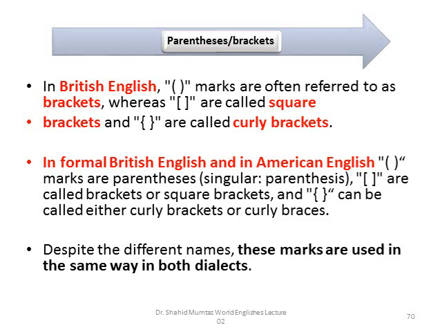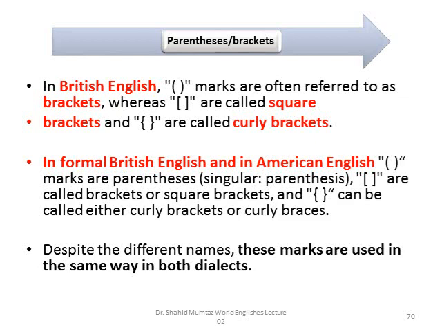Okay, shapes, better to say. These marks are often referred to as brackets, whereas the second line, if you can't see the cursor, are called square brackets, and the third line are called curly brackets. In formal British English and in American English, these marks are called parentheses, singular parenthesis.